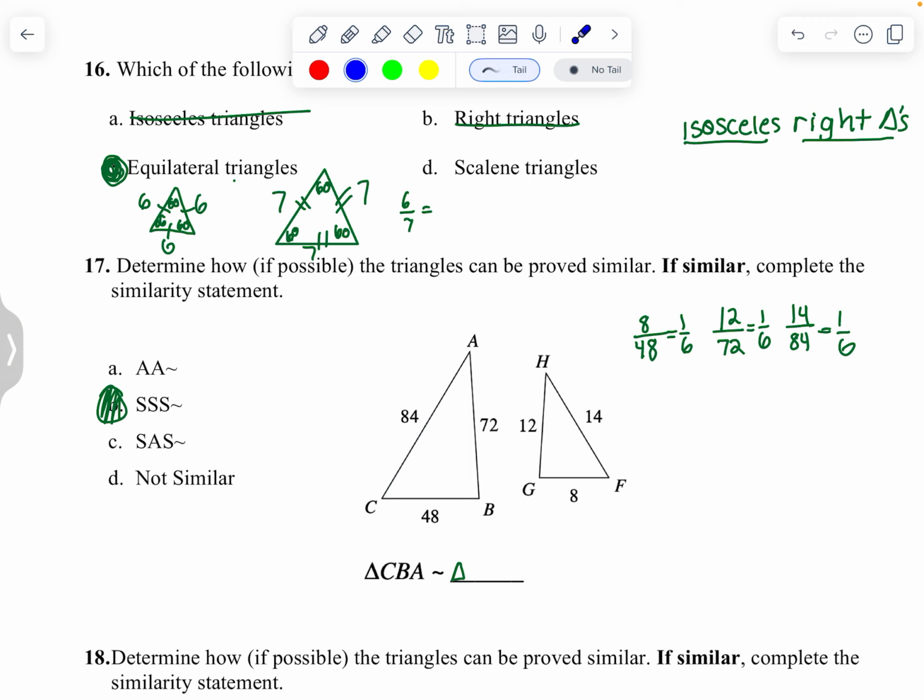So between the longest side and the shortest side in the other triangle is going to be F. All right, so we're going to go from C to B. So we're going to go from F to G. F, G, H.